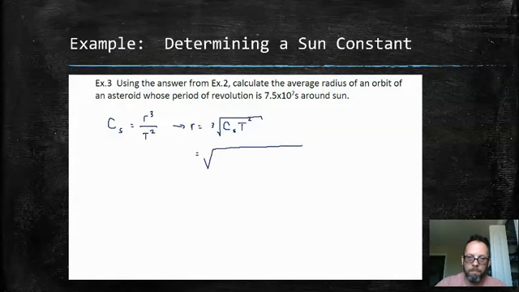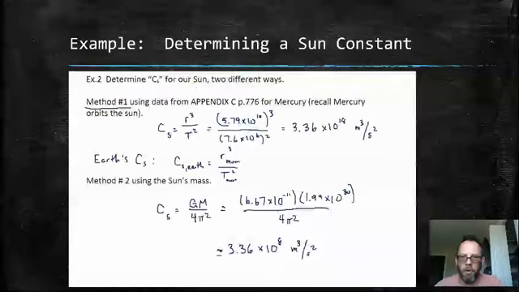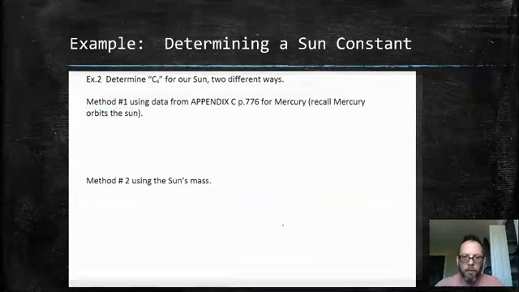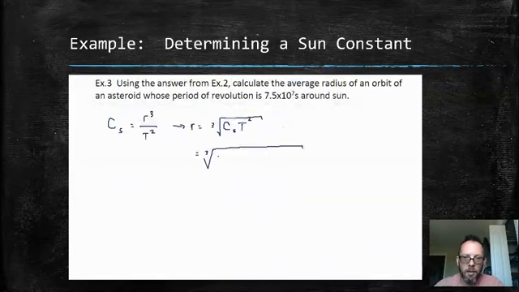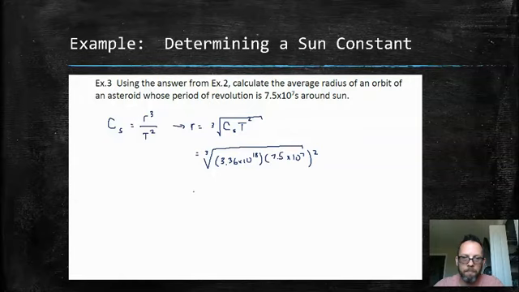Let's try it out. So cube root, our sun's sun constant was 3.36 times, that should be 10 to the 18. If you noticed that earlier, I just caught it there. So 3.36 times 10 to the 18, and the period, 7.5 times 10 to the 7 seconds. Don't forget to square it.